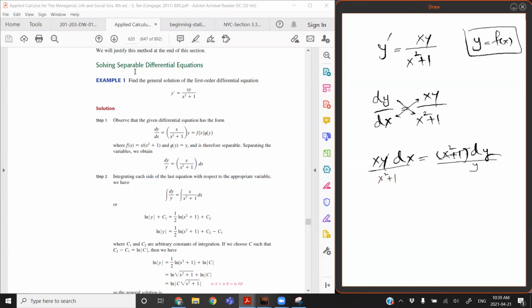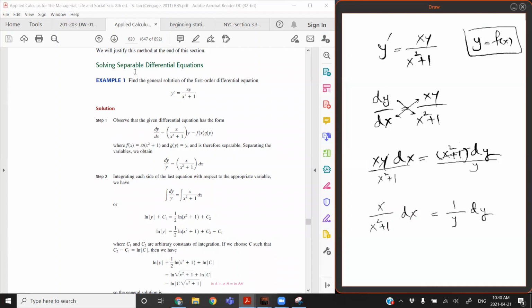I'm simply dividing both sides by y and then dividing both sides by x squared plus 1. So if I rearrange this, I can write that as x over x squared plus 1 dx equal 1 over y dy, or dy over y. Is this clear what I'm doing?